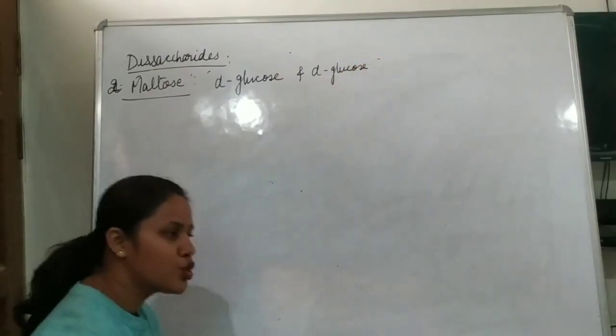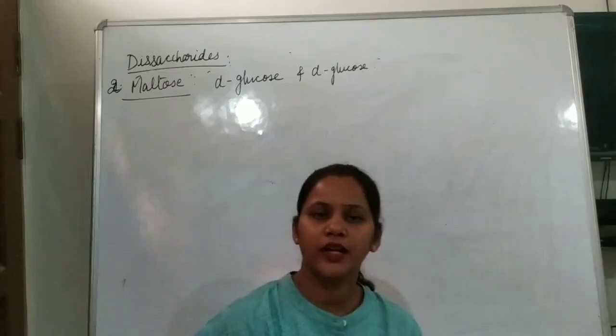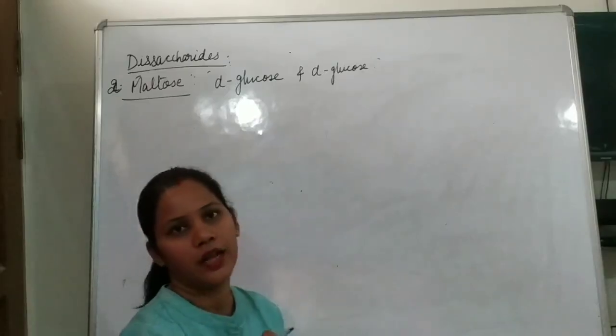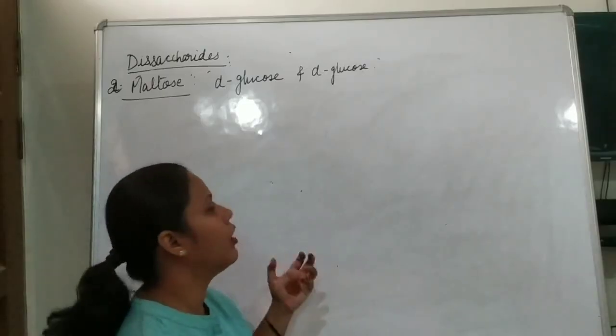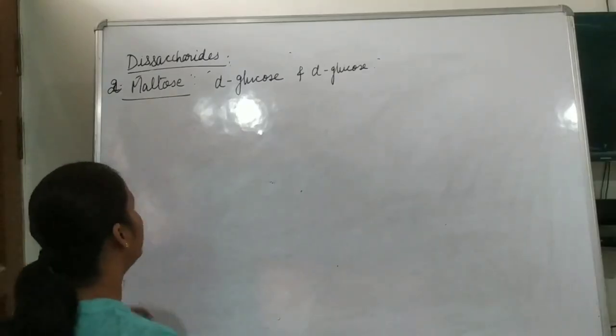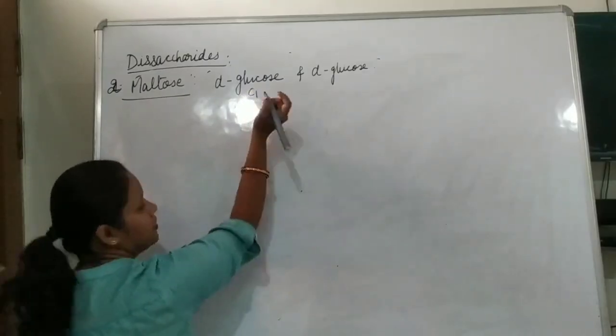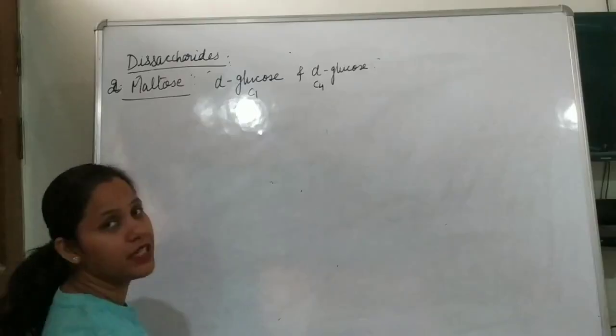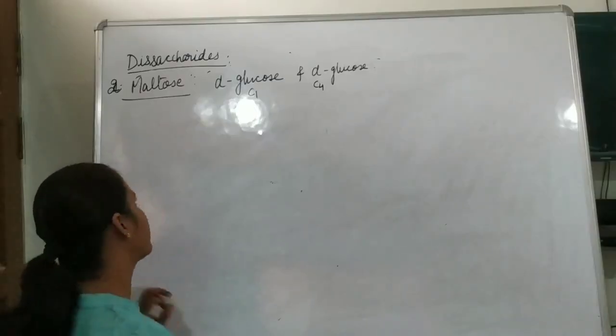That means two alpha glucose units combine together by a glycosidic linkage and form maltose. Okay, let us see how. Here, carbon 1 and carbon 4 get linked to each other by a glycosidic linkage.